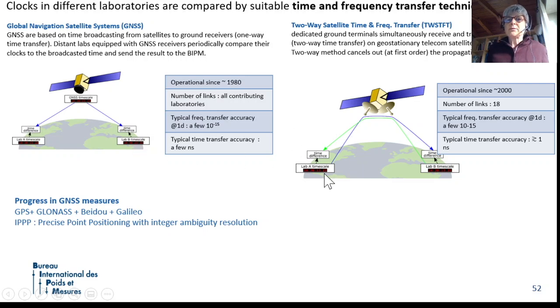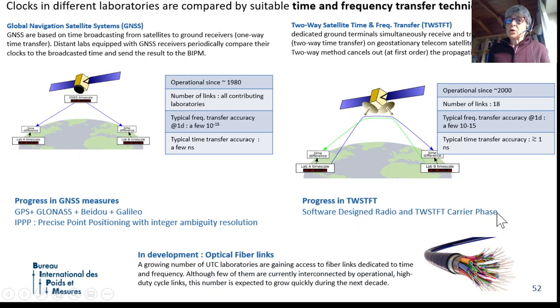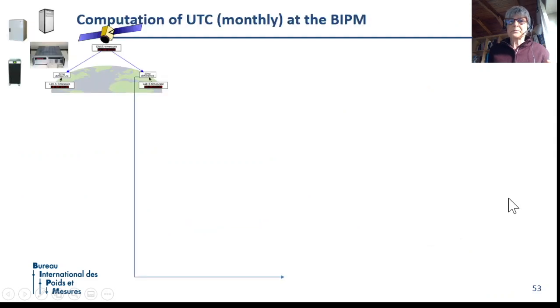In this case, you have to transmit, receive and transmit back. So it is a little bit more complex, and in this case new developments are also in progress. Some connections by optical fiber are also under development in different parts of the world, and this will help in having an even better capacity for time and frequency transfer.